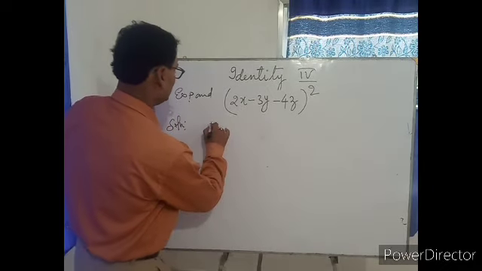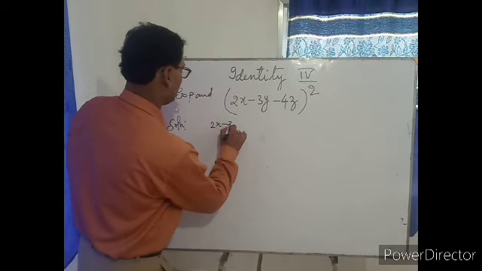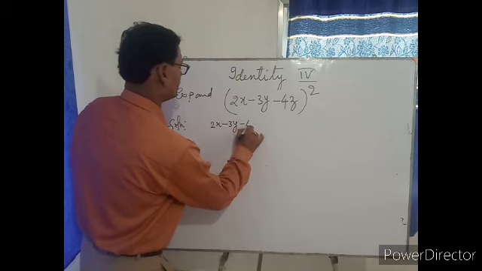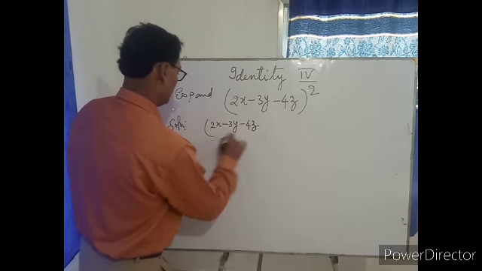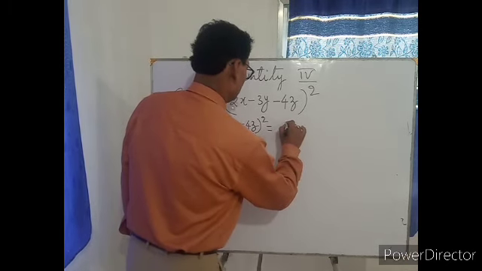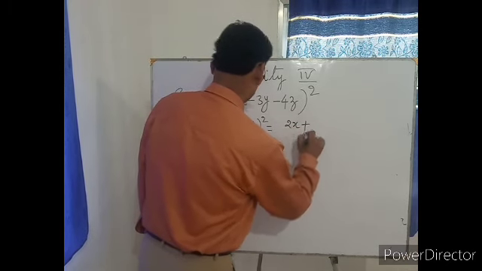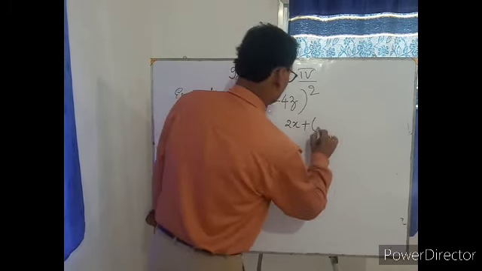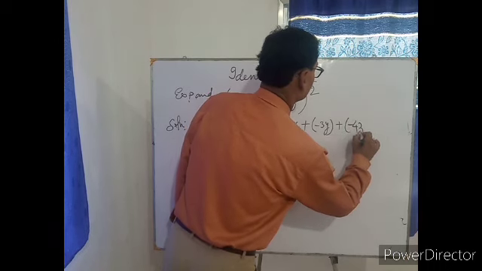Just like this, (2x minus 3y minus 4z) whole square may be written like this: 2x plus, it can be written, minus 3y and plus, it can be written, minus 4z.